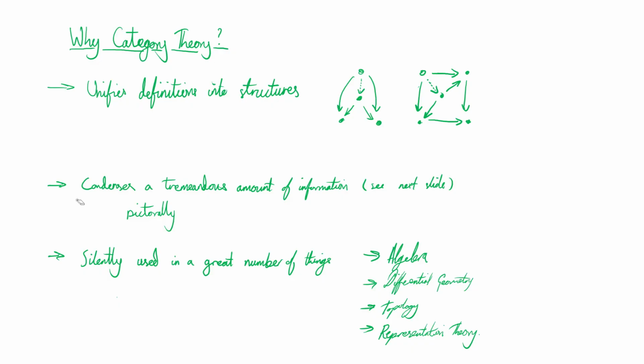It's already kind of used a lot, and categorical definitions and things are used a lot within algebra, differential geometry, topology, representation theory. There's more and more and more, but those four are the things which I've written down notes for. So in algebra, Hom and tensor, those represent two functors.